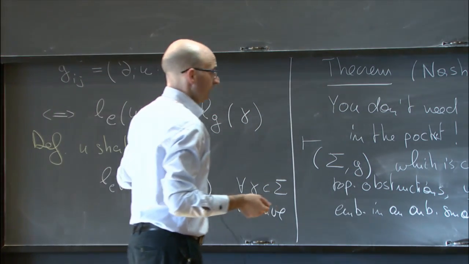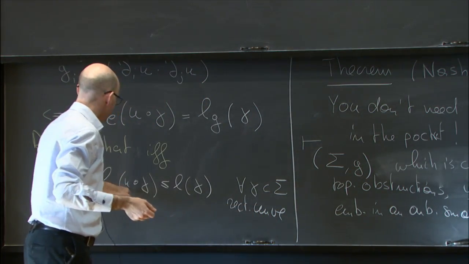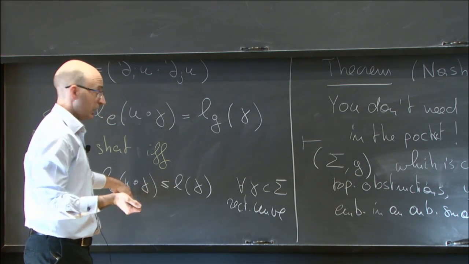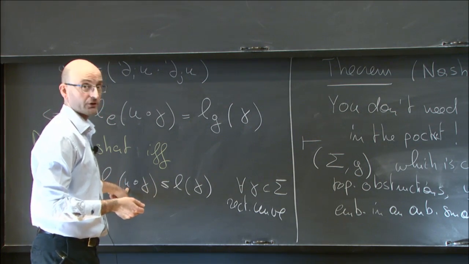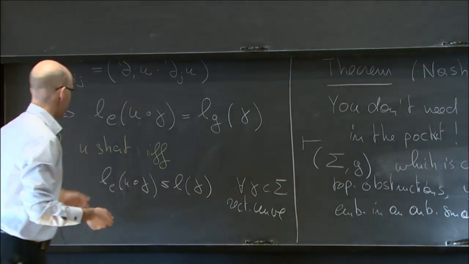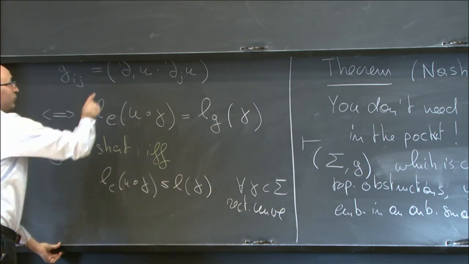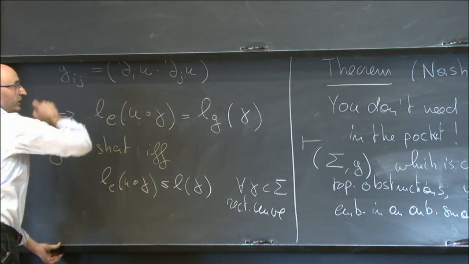Okay, and if you have a C1 map which is smooth and you want to check in terms of a differential condition what this shortness is, it is simply the fact that this quadratic form is less or equal than that quadratic form.